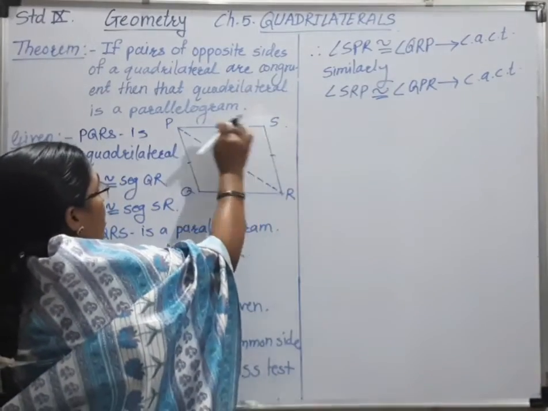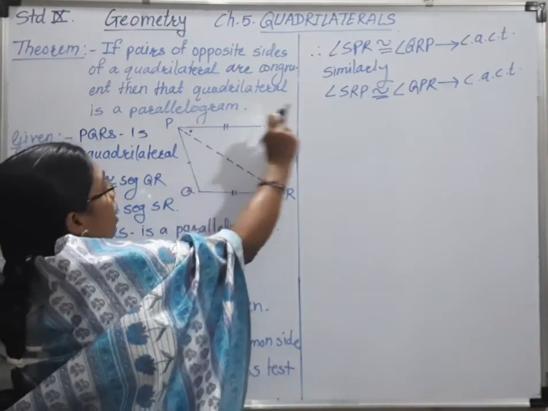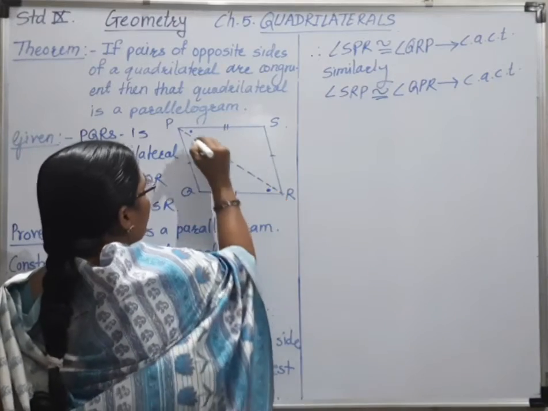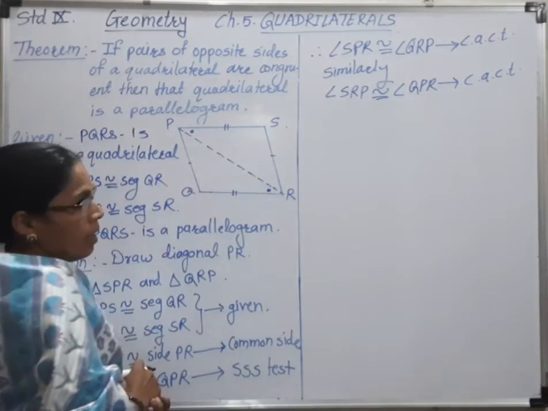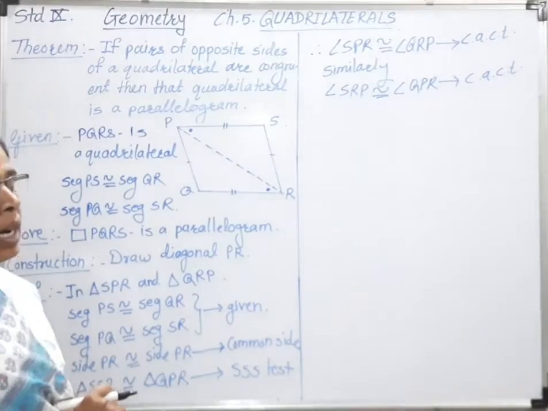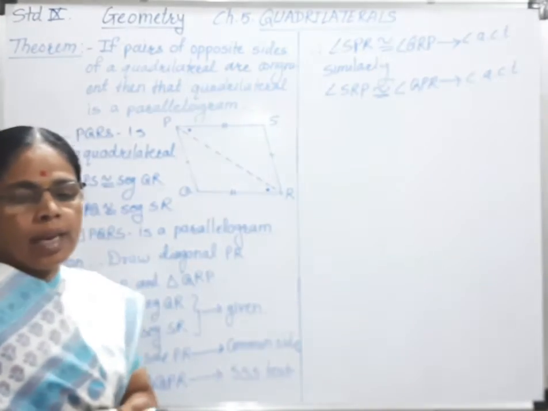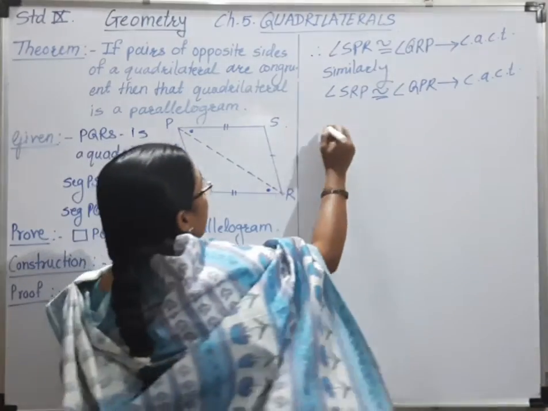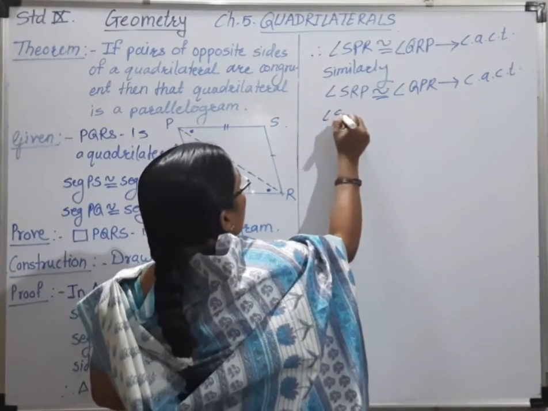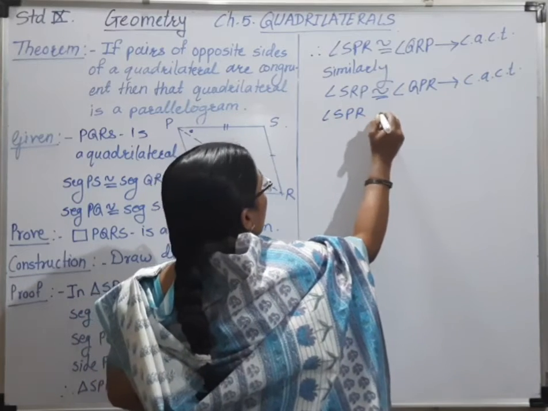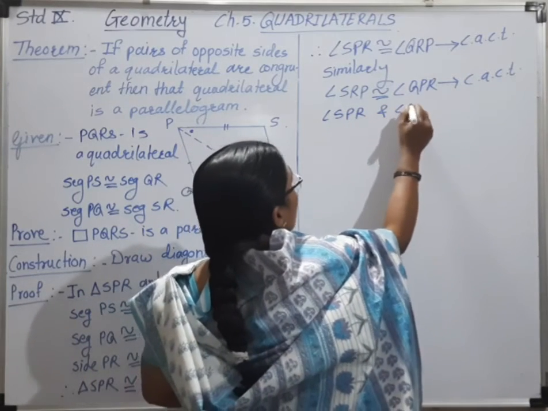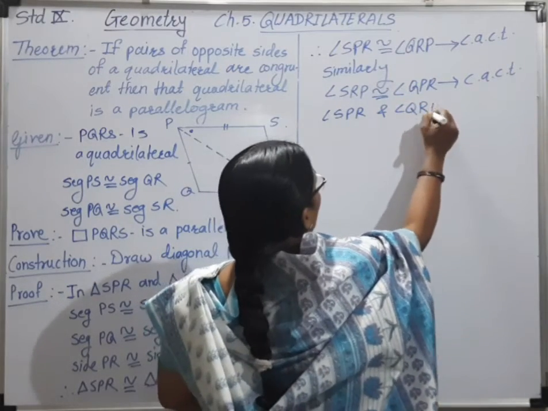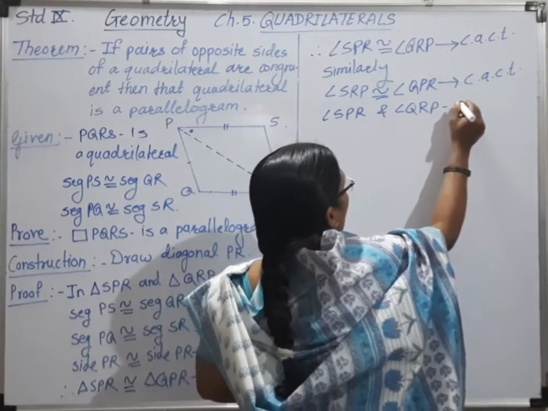And now we can write angle SPR. If you see, angle SPR means this angle, and angle QRP this angle, these both angles are alternate angles. So angle SPR and angle QRP are alternate angles.